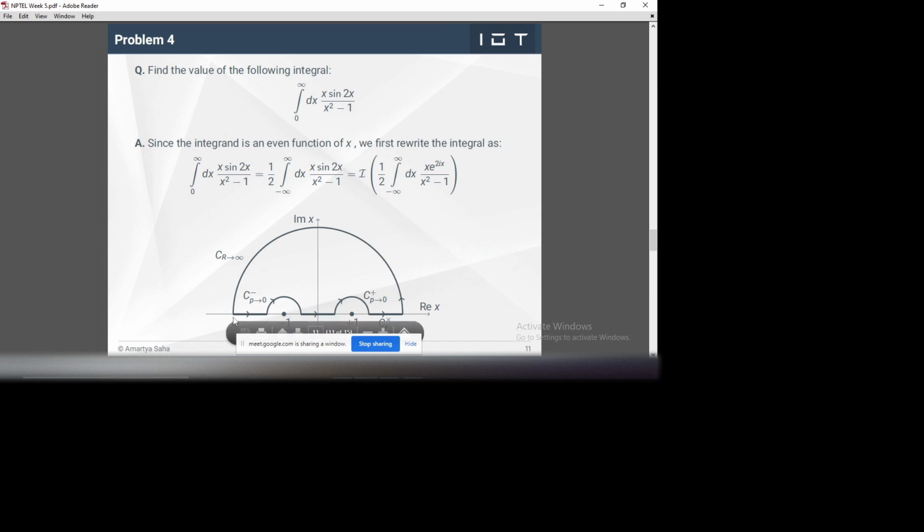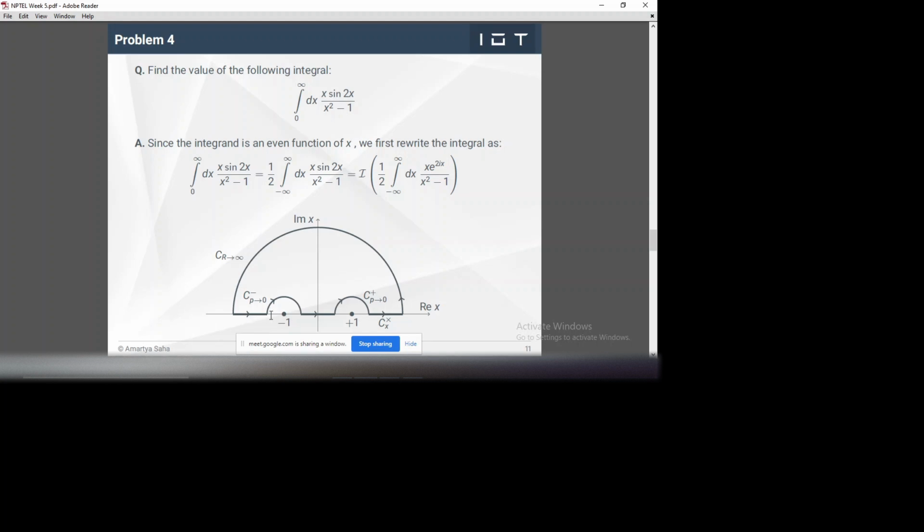Please follow the pointer. This point is minus infinity on the real line. From minus infinity on the real line, we go up to the left of the point minus 1 along the real line. So that is one part of the contour.